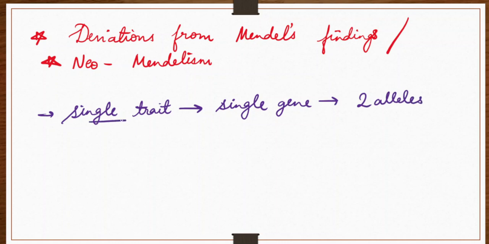Single trait will have a single gene, and that will have two alleles. One gene is having two alleles.